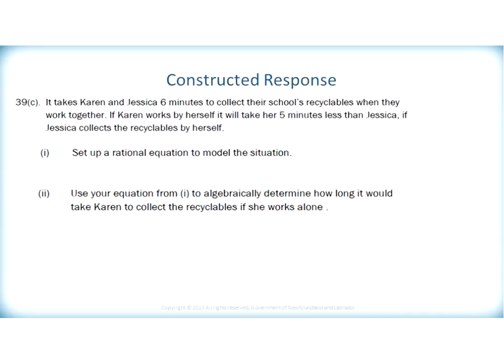Another way to set up this problem is that your rational equation could be what they do together divided by Karen plus what they do together divided by Jess will equal the full job. In this case, the LCD would be x outside of x subtract 5. And we still do the same by multiplying each term by x outside of x subtract 5.